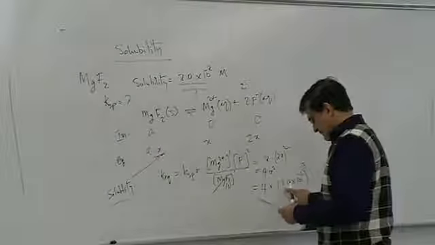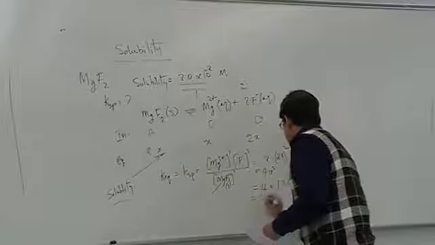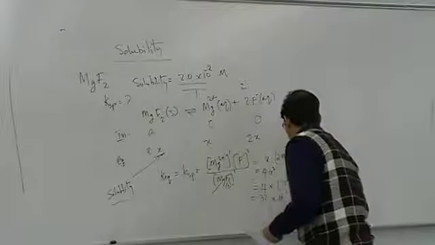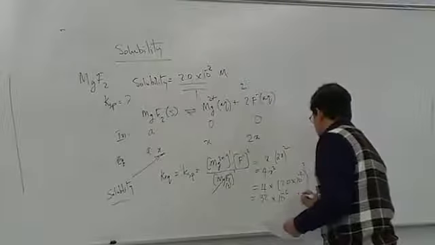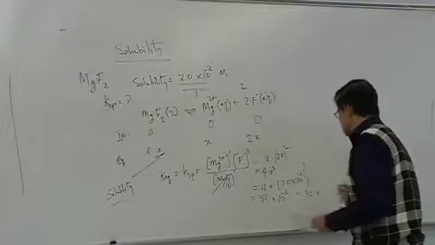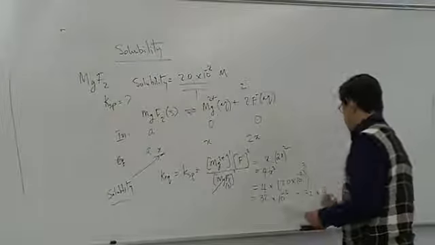This is going to be 32. 32 times, you should always double check my numbers, may not be right. So this is 3.2, this is times 10 divided by 10, this is 10 to the negative 5.